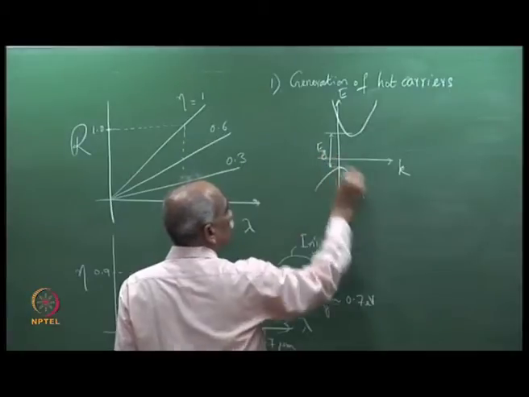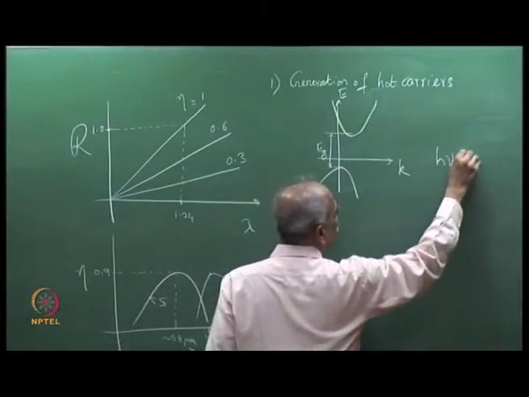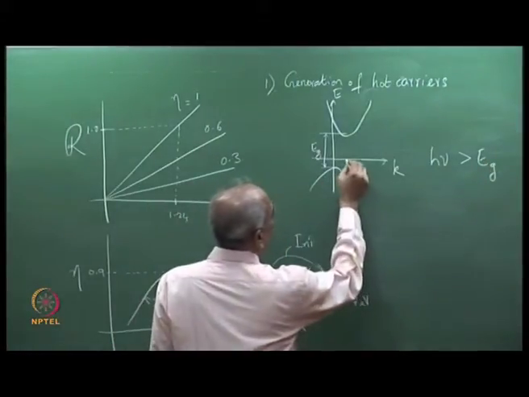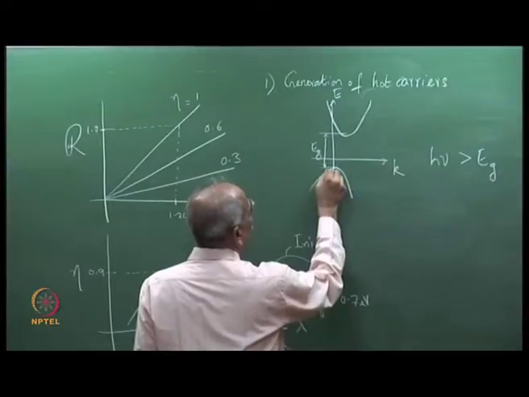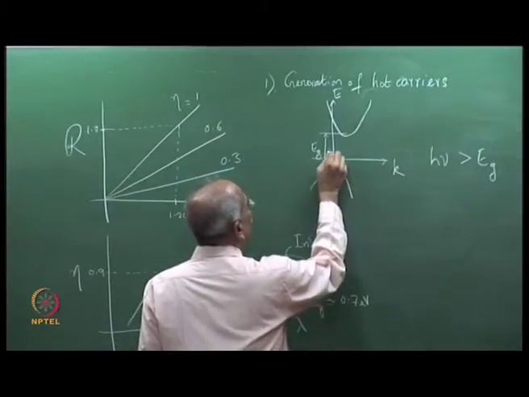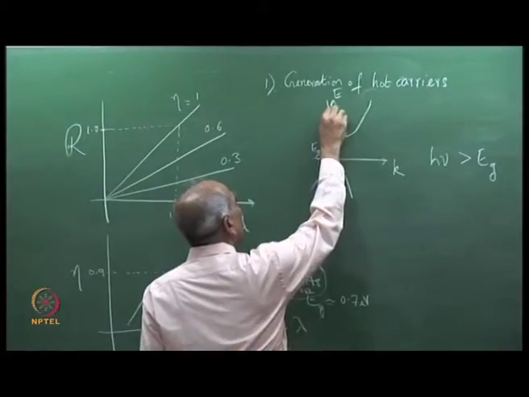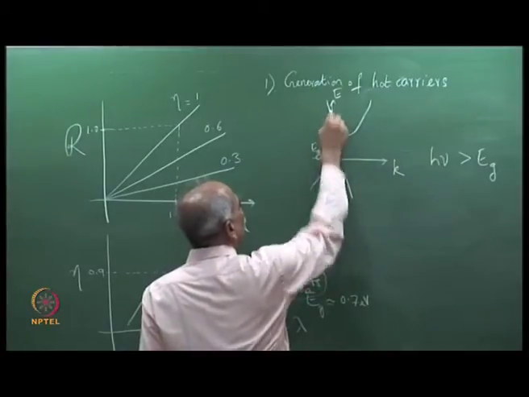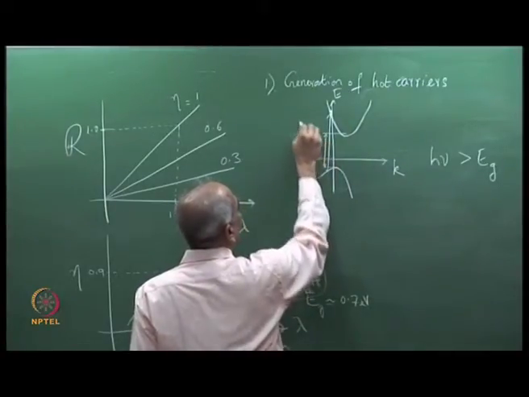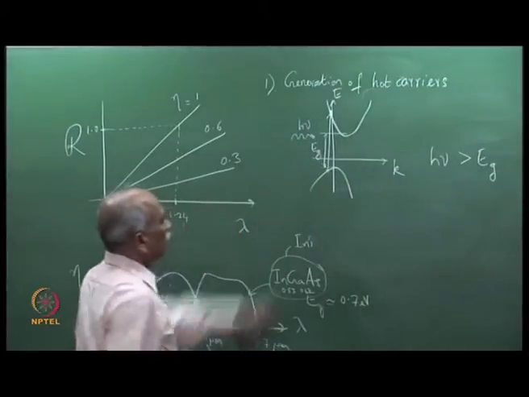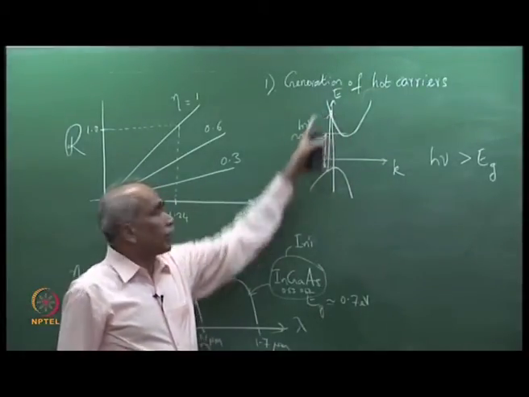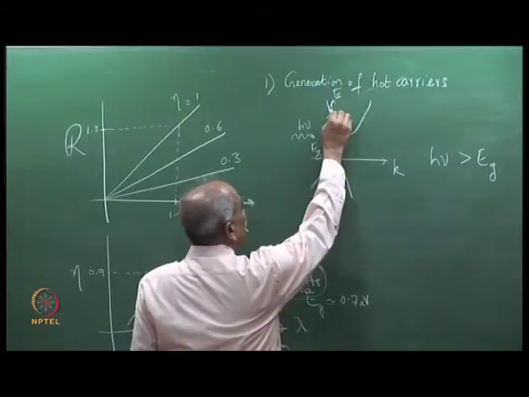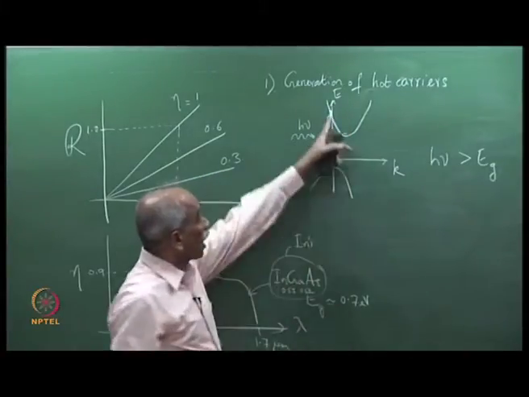For h nu, incident photon energy much greater than Eg, electron transition can take place. An electron from the valence band can make an upward transition to an allowed state here due to absorption of a photon of energy h nu greater than Eg. Because this is a vertical transition, it is an allowed transition, and therefore this carrier here is a hot carrier because it is a high energy carrier.